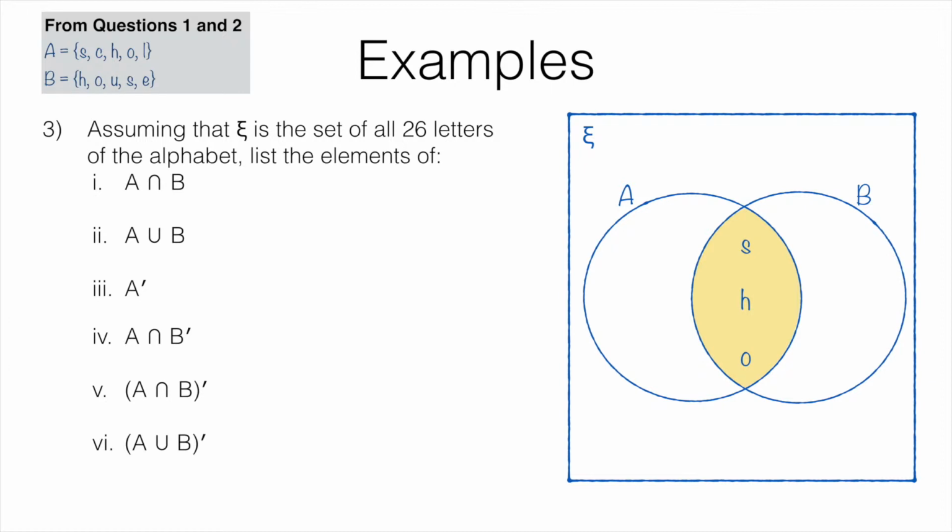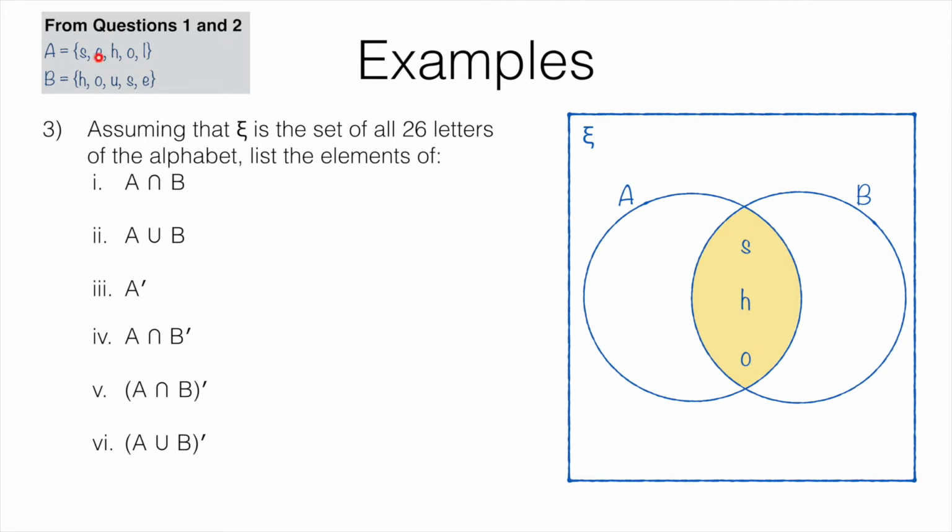What I suggest you do next is fill in this region. So these would be all of the letters that are elements of set A, but not part of set B. Notice that this is outside of set B. So what elements have we not used already in this part?